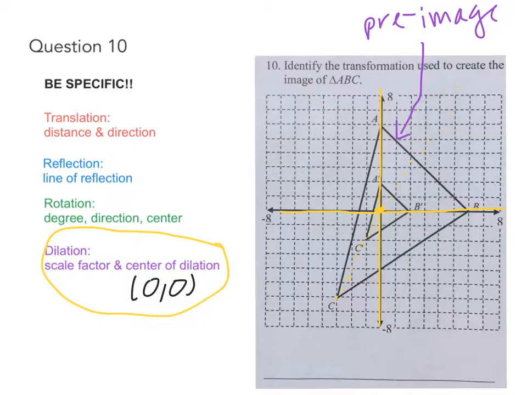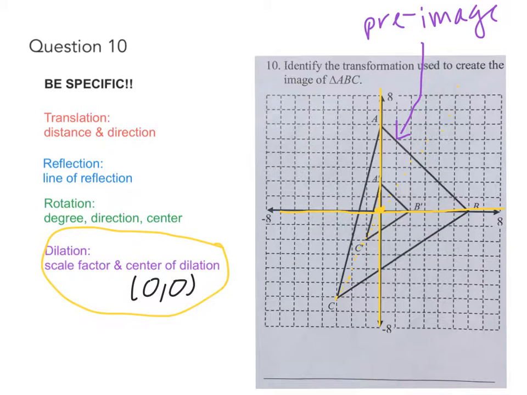All right, the next thing we need to do is figure out the scale factor. This can be a little more challenging on a dilation where the image is smaller than the pre-image, but it's really not that bad. Let's just start by looking at A and A prime, and the reason I'm choosing A and A prime is because they're on an axis, not like C and C prime, which are not on either axis.